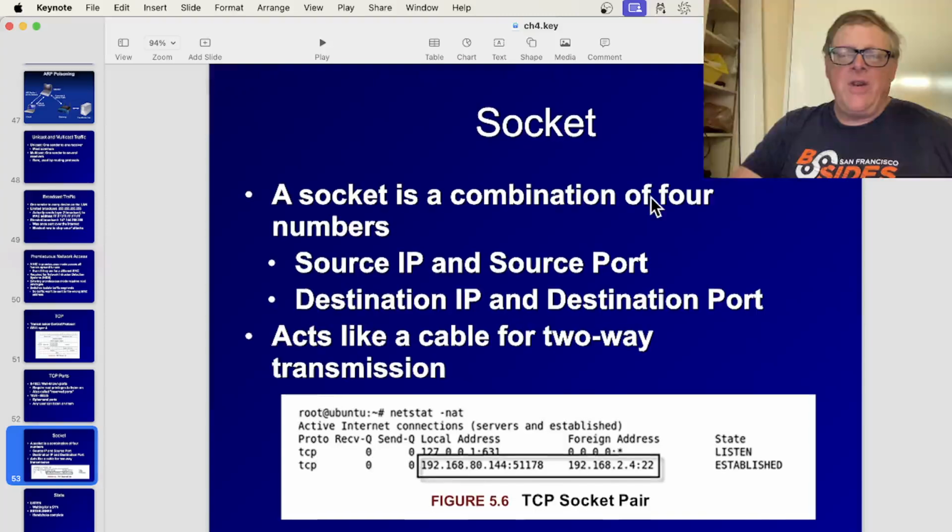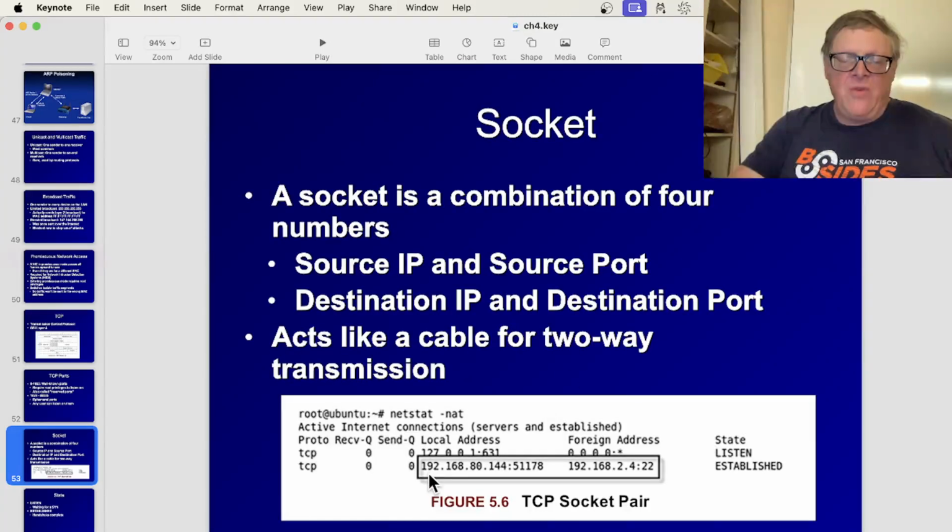A socket is a combination of 4 numbers. Here's the client end, here's the server end. So I'm making an SSH connection on port 22 to this server. Here's the server's IP address and the server's port, which is 22. The client has an IP address, and the client will just pick a large high-numbered port, like 51,178, for their end. These 4 numbers together are called a socket.